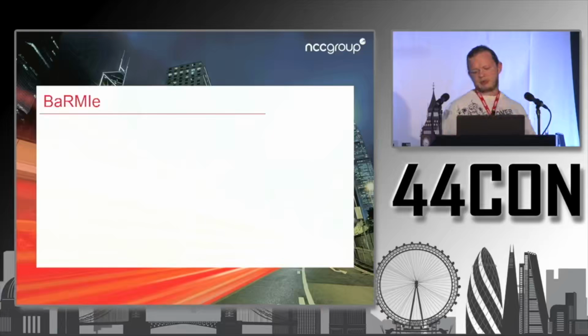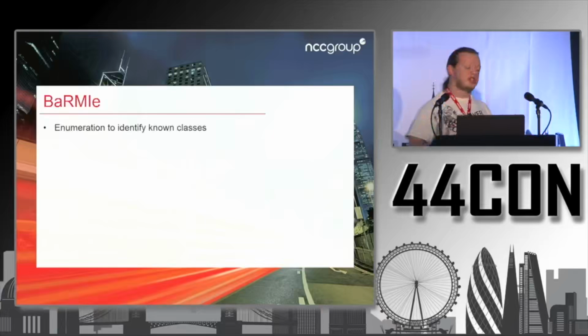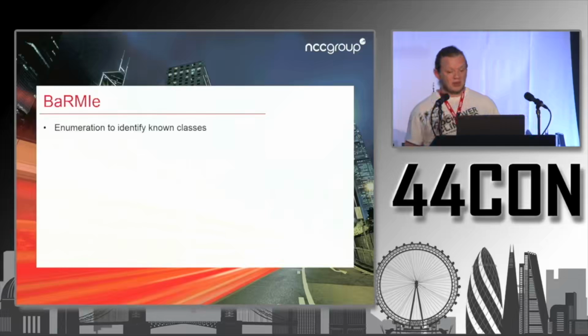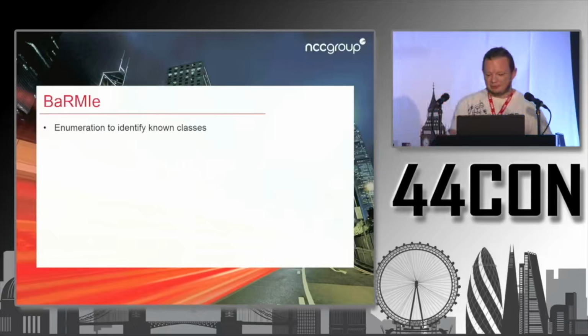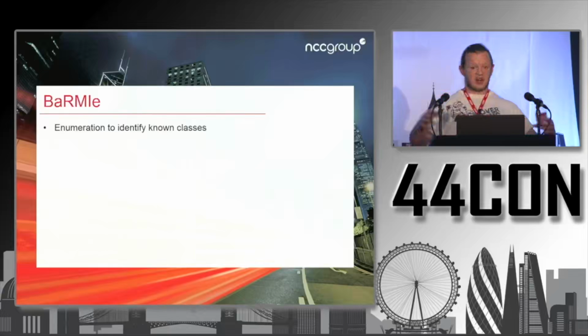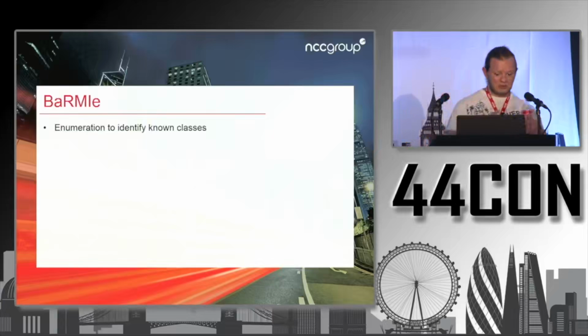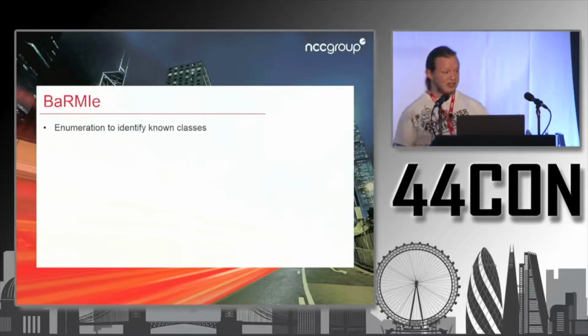So I've got this enumeration functionality that was already in BaRMIe. What I'm doing at the minute is incorporating all of these different attacks and payloads that I've built up into one single tool to attack BaRMIe services.